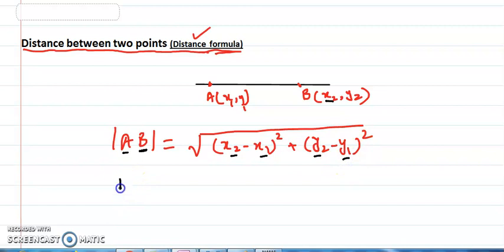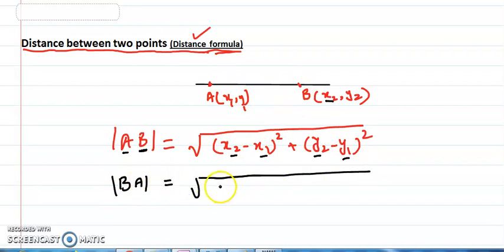Suppose I have to find BA, measuring the distance from B to A. Then mathematically we will write it as the square root of (x1 minus x2) squared plus (y1 minus y2) squared.